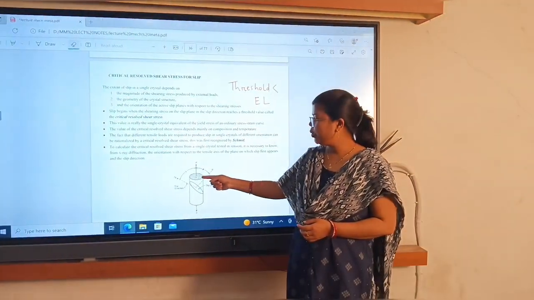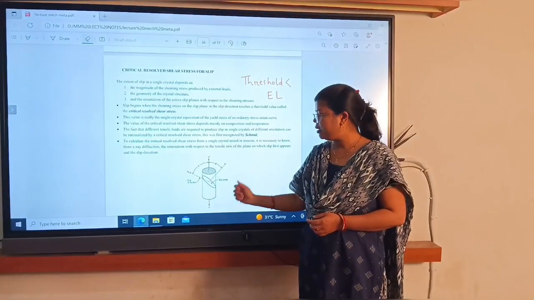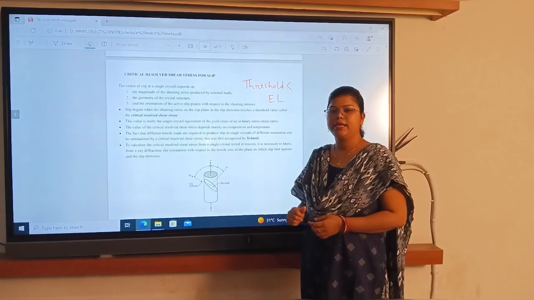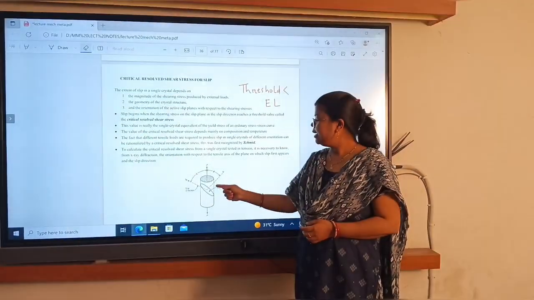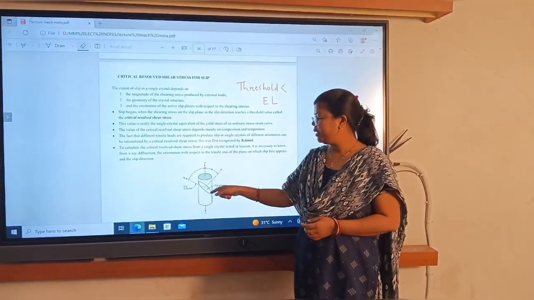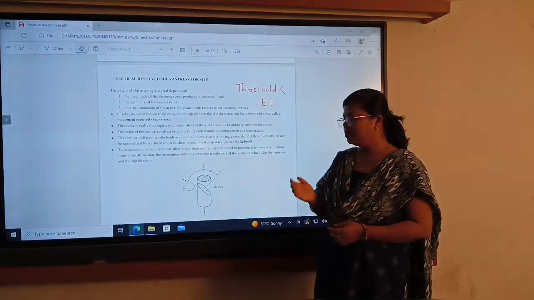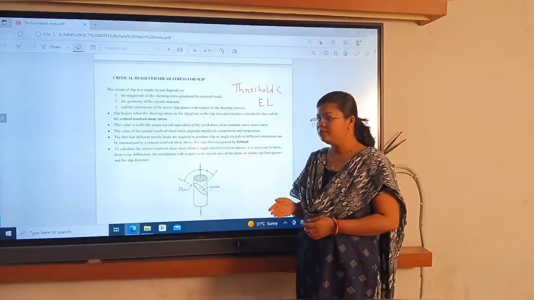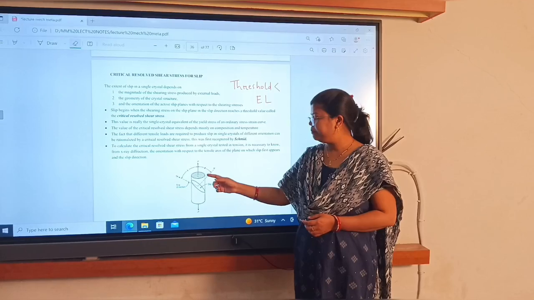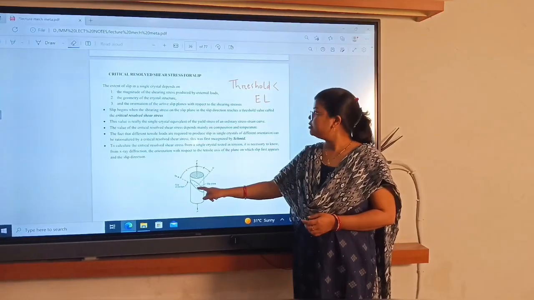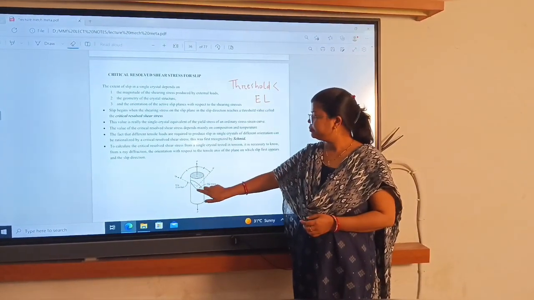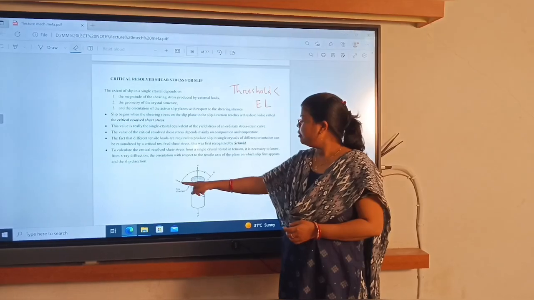To calculate critical resolved shear stress from a single crystal, we assume a cylindrical body where P is the load applied from the top and the bottom, and A is the area of cross section. There will be a slip plane we choose, and N is the normal, drawn at a 90-degree angle to the slip plane.